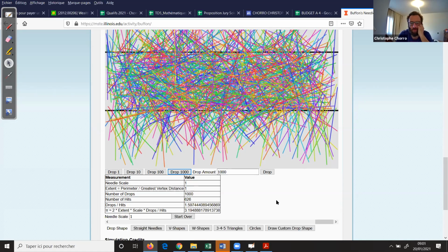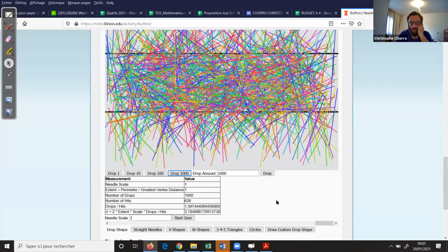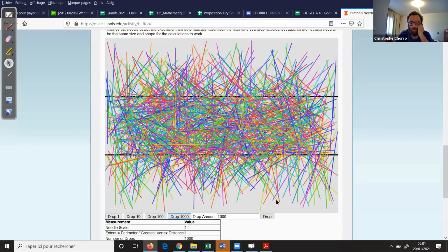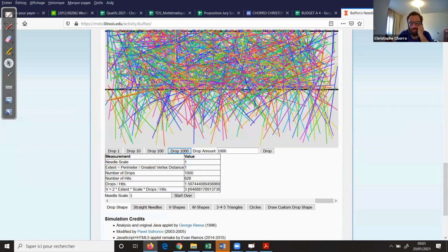Using more or less the same argument as the one I used previously in the computation with the needles, what I obtain is an approximation that is 3.19, something that is good, let's say. What is nice is that I can increase the number.